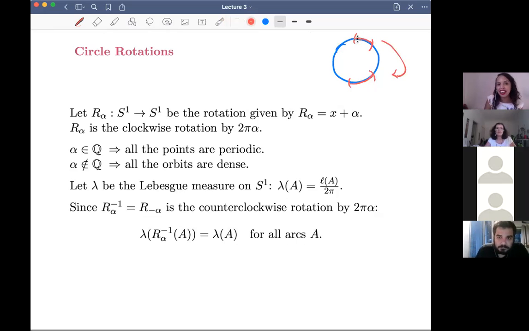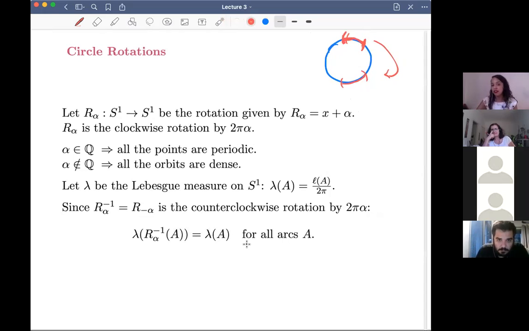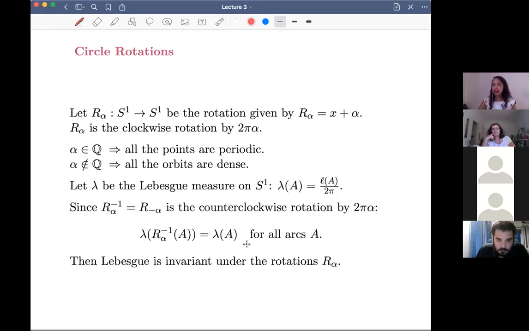This doesn't have the same length because I didn't draw it nicely, but let's adjust, and then, okay, these two have the same length now. So rotating is not going to change the length, so the Lebesgue measure is the same. So it is indeed an invariant measure. Lebesgue is invariant for any rotation, and I made no distinction between rational or irrational. For any rotation, Lebesgue is invariant.